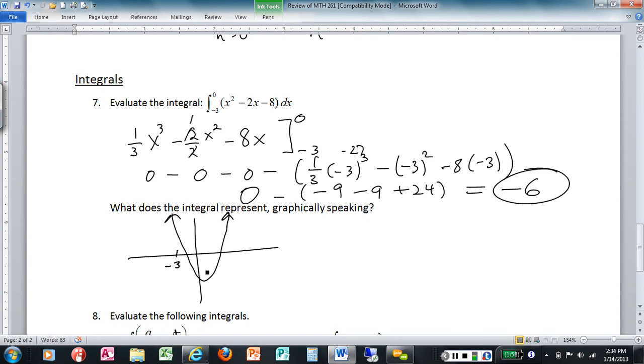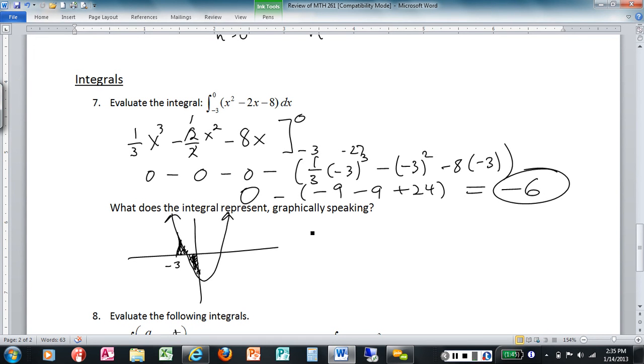Well, what does this represent? Area under the curve. We say area under the curve, but technically speaking, it's this area under this here, and then this here, but this here, of course, is a negative value, and then all told, it comes out to be net a negative area.